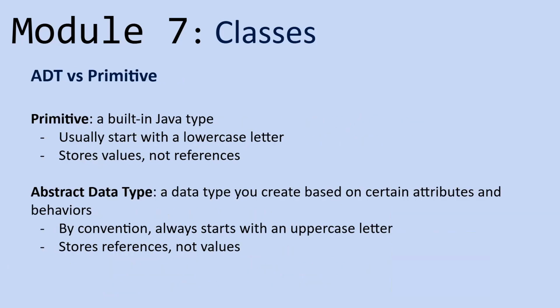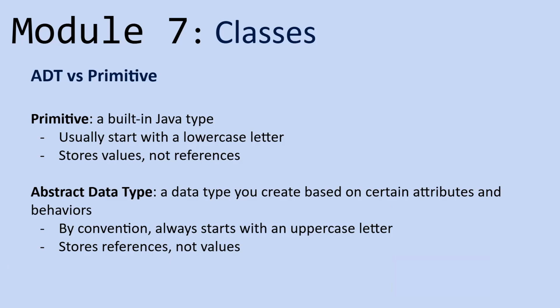So yeah. Also, what I was talking about earlier, primitive, it's a built-in Java type. It's going to start 99% of the time with a lowercase letter. And so it's going to store values, not references, which is why, if I set y equal to x, well, x just stores the value, right? So it's going to copy 3 into y. And so if you change anything in x, it's not going to change anything in y.